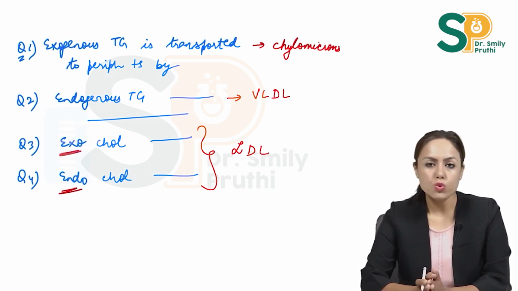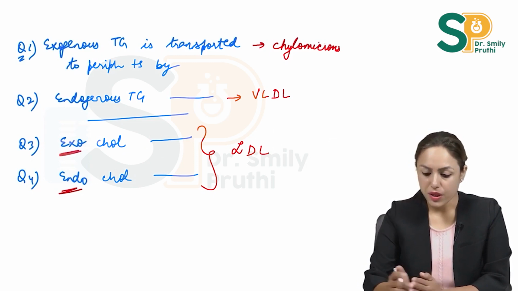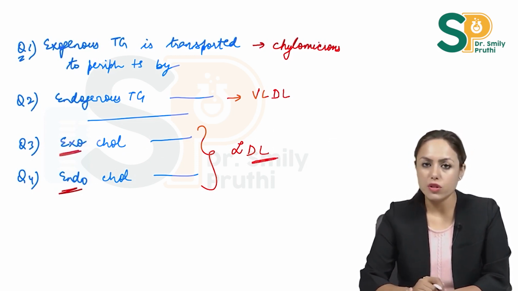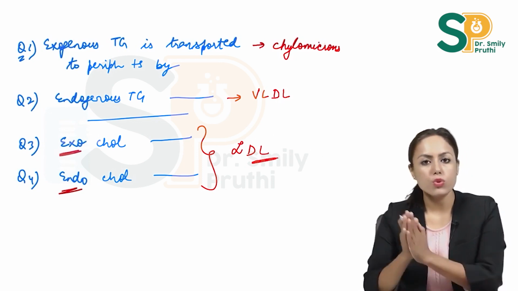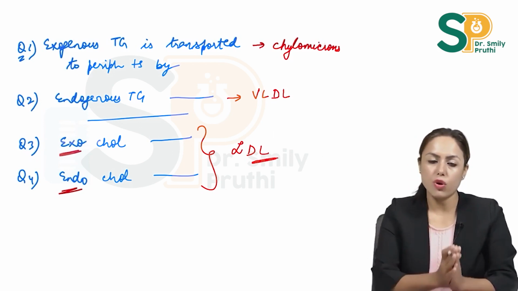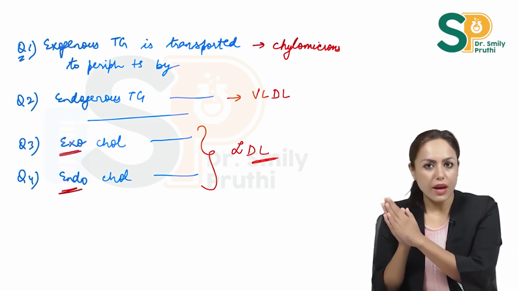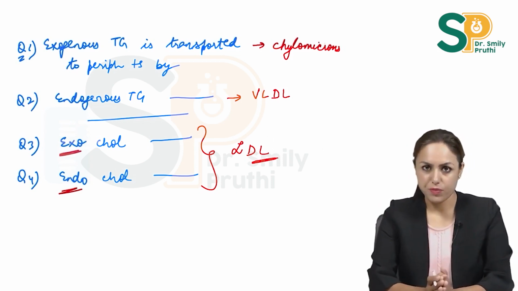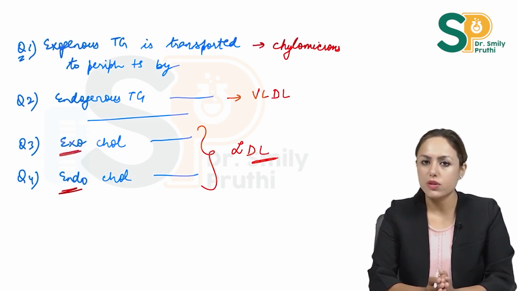But now use of this terminology is discarded because LDL has a very important function of transporting cholesterol to the peripheral tissues, right? And HDL is doing reverse of LDL. It is bringing the extra cholesterol from peripheral tissues back to liver, right? Therefore, HDL is doing reverse cholesterol transport.